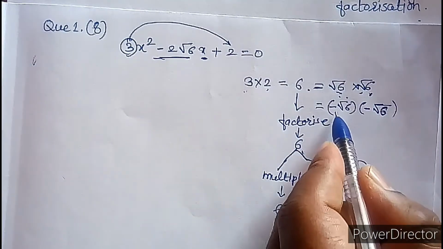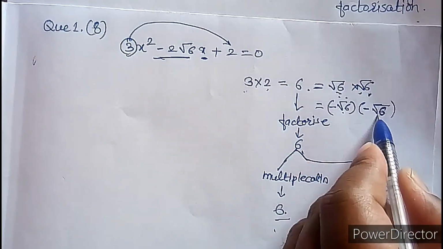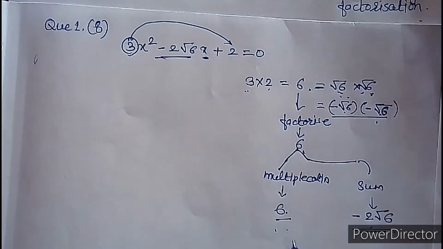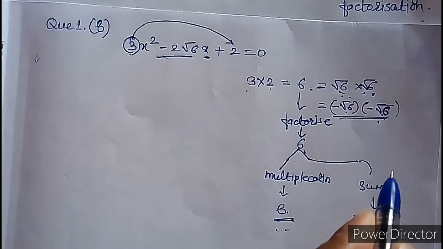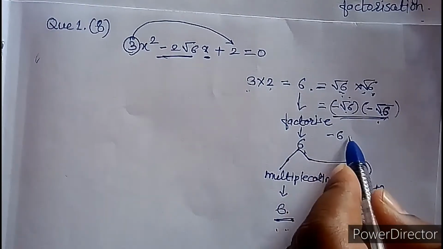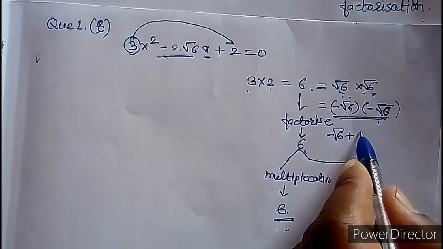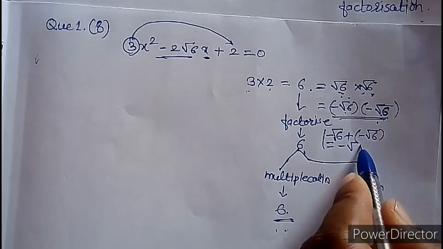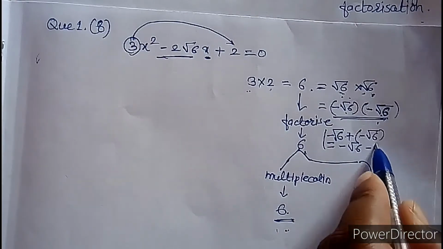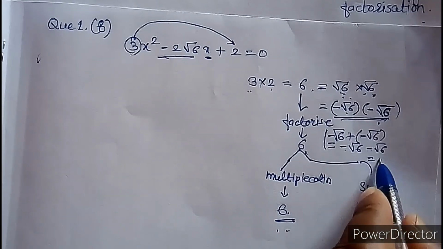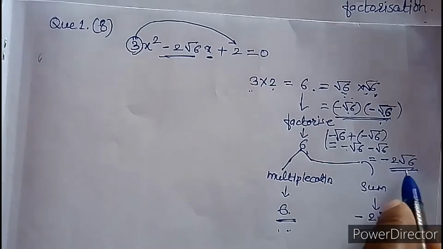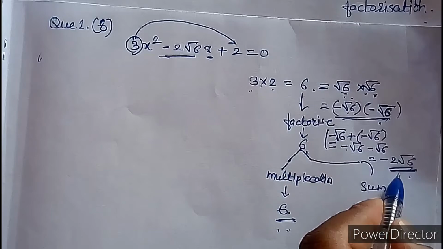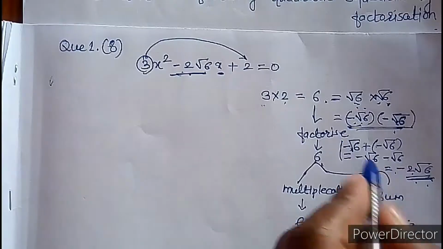When we multiply minus root 6 into minus root 6, the multiplication of these factors is 6, and the sum of minus root 6 plus minus root 6 is minus 2 root 6.